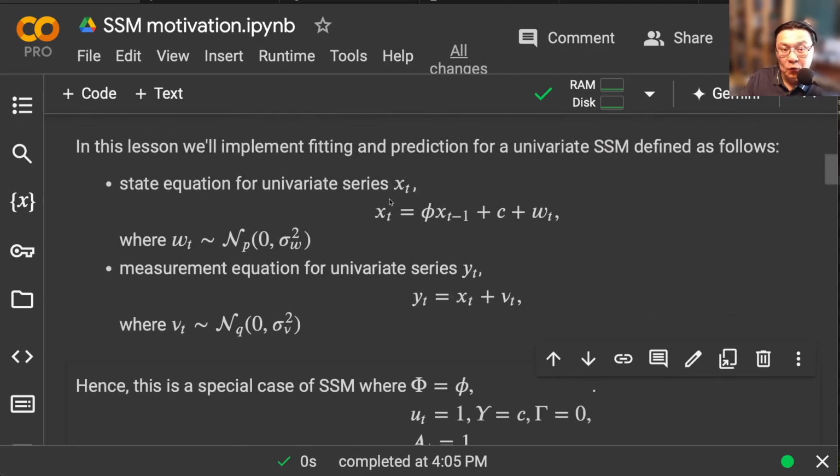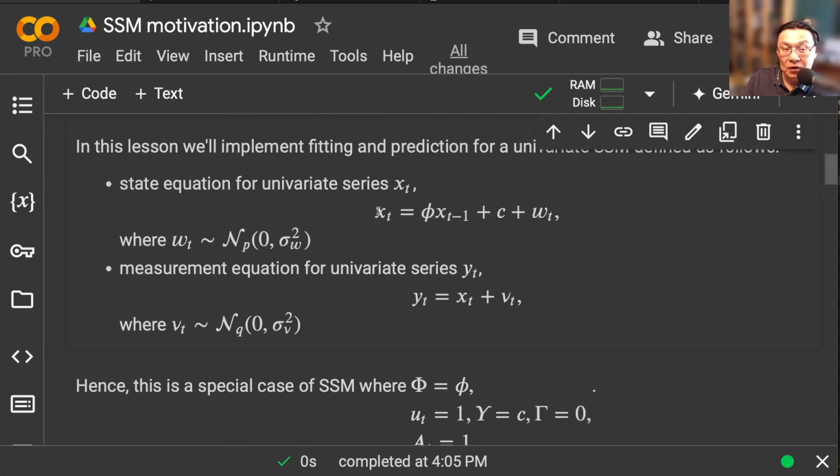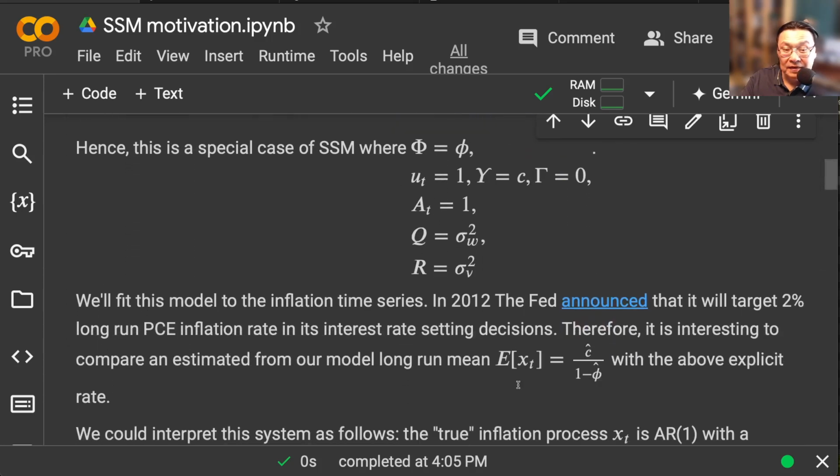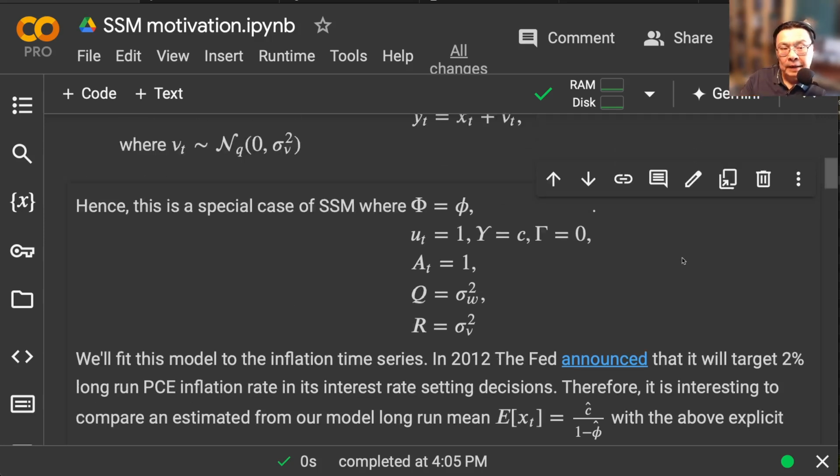All right, hopefully the fit will go well, and then I will be able to calculate the long-run inflation rate from these parameters of the model. And as you may remember from the AR(1) model, it is going to be the constant divided by 1 minus the autoregressive coefficient. So I hope that this would be consistent with 2%. That would mean my model is good and the Fed is doing its job, right?